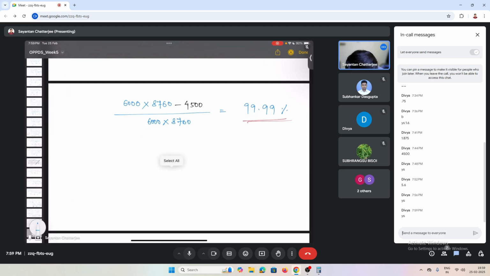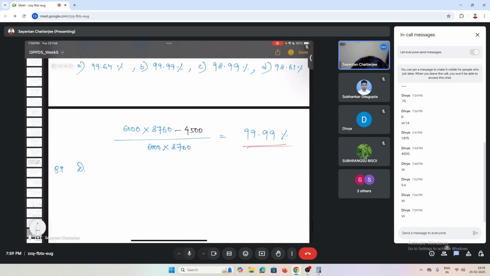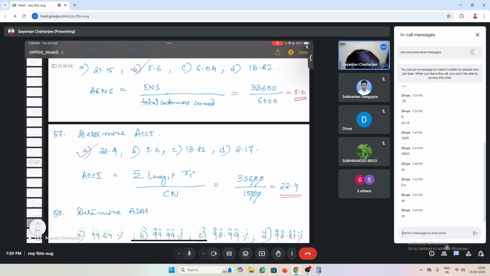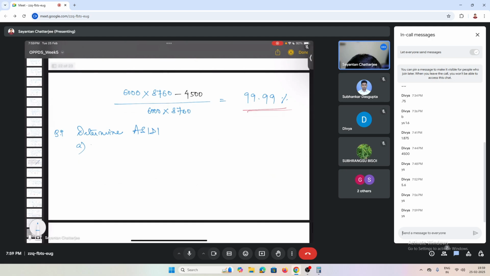So next, calculate or determine anything. Question 9, I think. Determine SED. So the options are 0.92, 1.68, 1.65, and 3.03. So what will be SED?